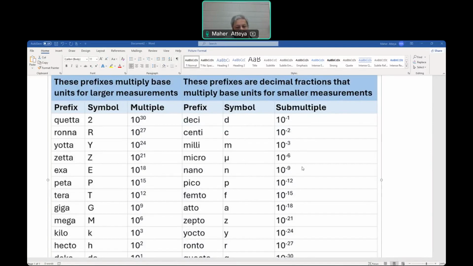I wanted you to read the announcement posted in iCollege. If it's not, I will post them later on. So deci stands for 10 minus 1, and tera, capital T, as we can go down here a little bit, tera is somewhere here, capital T, and the value of it is 10 plus 12. So the deci, the symbol D, the prefix deci, is 10 minus 1. So that's this table here.